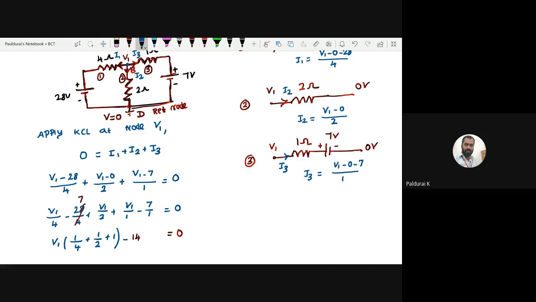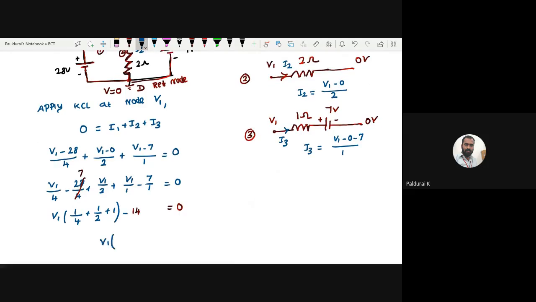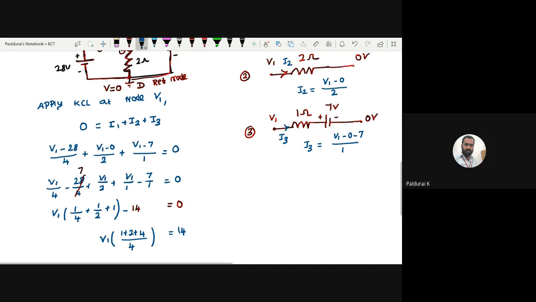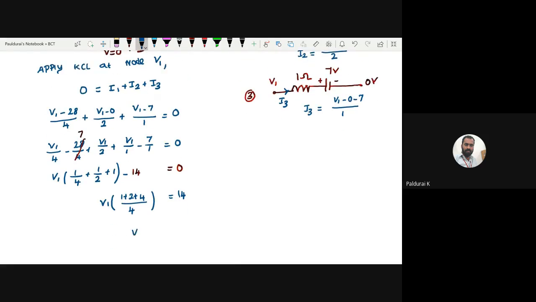Take LCM: V1 times 1 by 4, 1 by 2 plus 1, how much? Can I take 4 as LCM? That becomes 1 plus 2 plus 4 equals 7 by 4. So now V1 times 7 by 4 equals 14. So what is this? 7 twos. Therefore V1 equals 8.